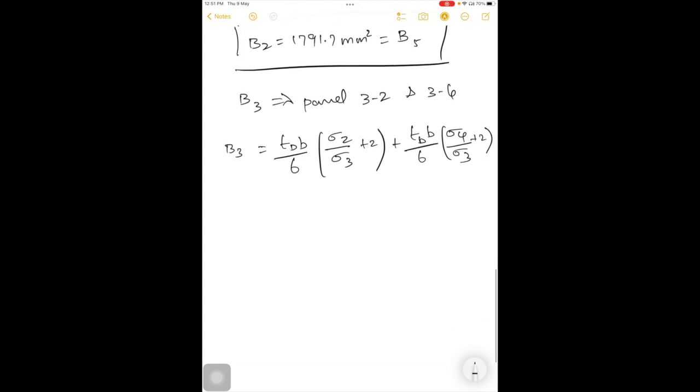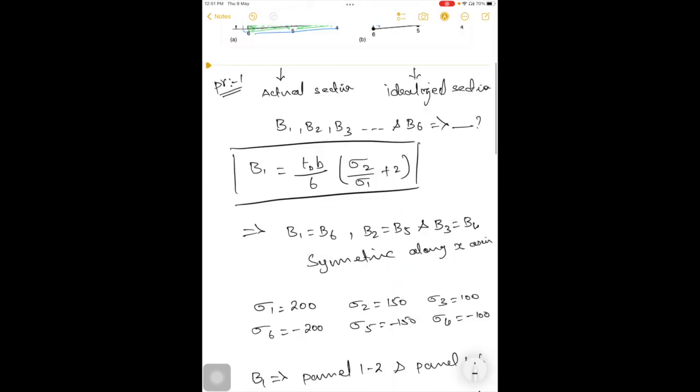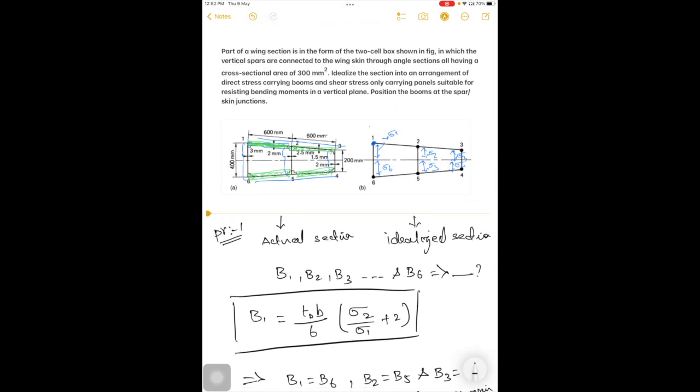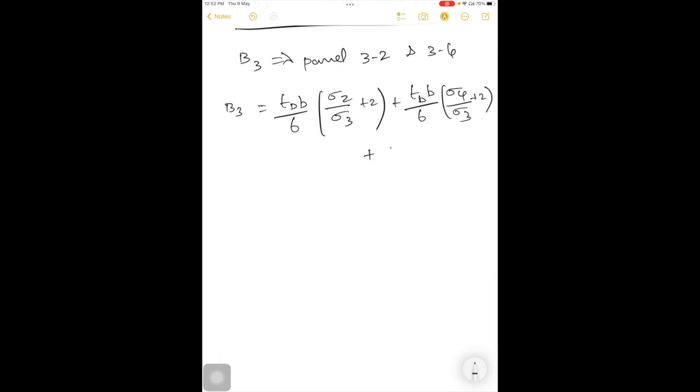Okay, plus, in the skin section we have only the 2 3 panel as skin section, and 3 4 is the vertical membrane or vertical spar. So we have only one cross sectional area of the skin, that is 300.